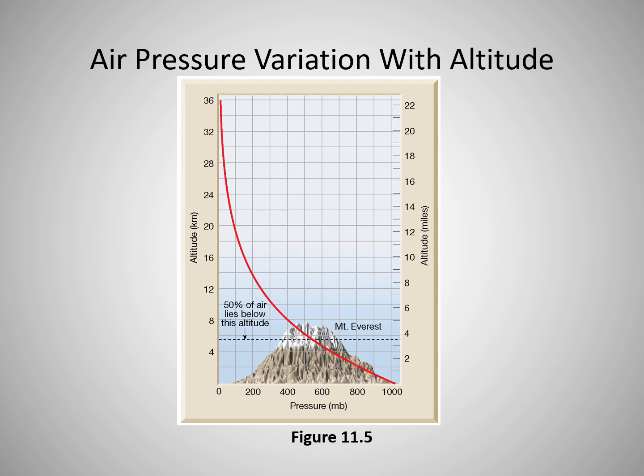Here's a graphic showing the curve of our air pressure, or basically our atmospheric gases, shown in red. And then, of course, Mount Everest is shown in the background, just to show you guys, look at that dashed line, okay?